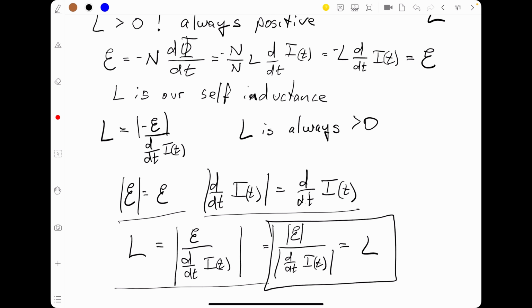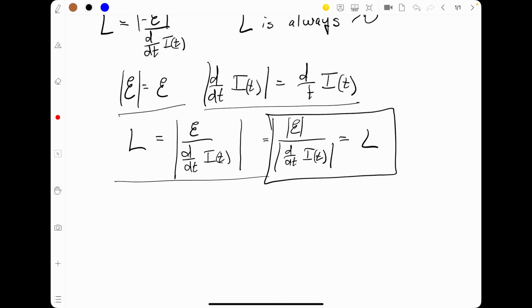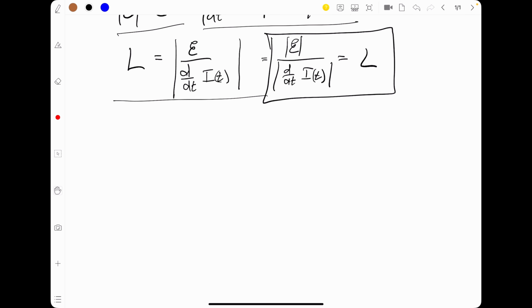Okay. Now I don't know if you guys remember, but we talked about the symbols when we're drawing circuit diagrams. So we had a battery, right? We had a resistor.